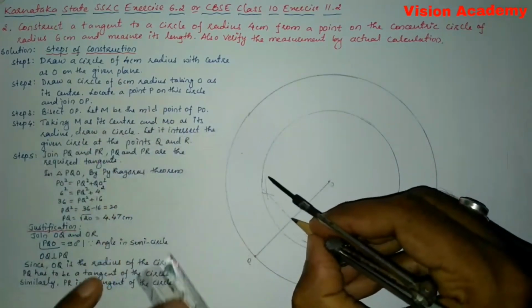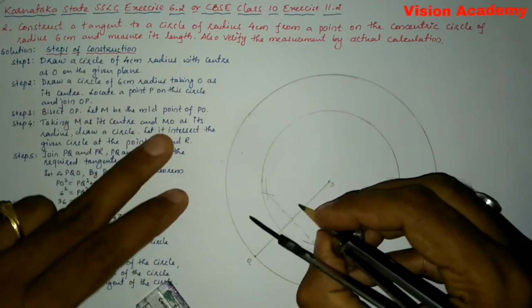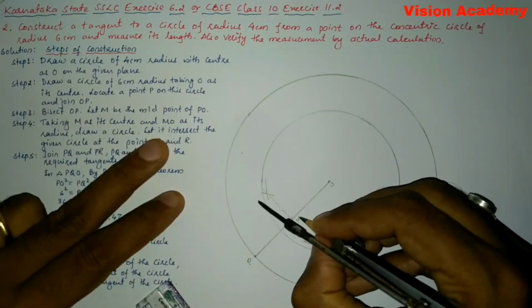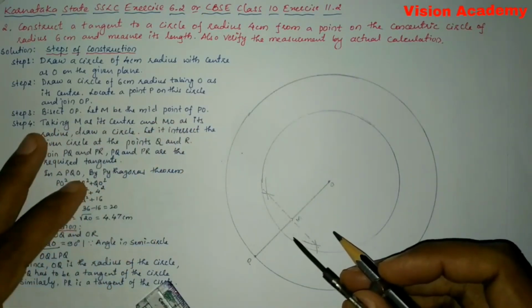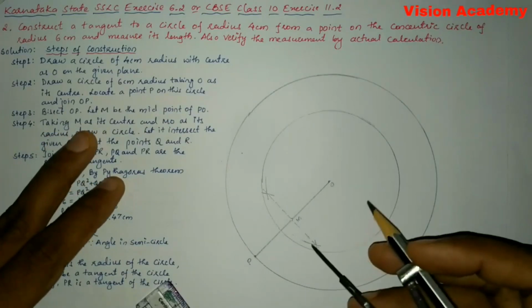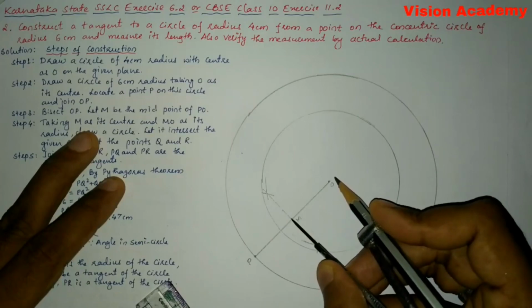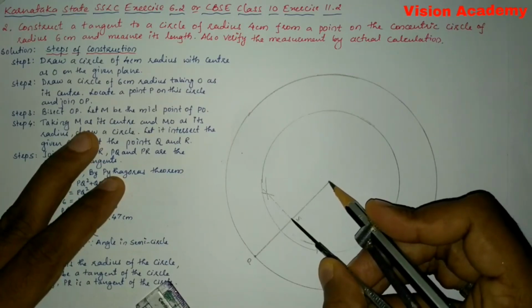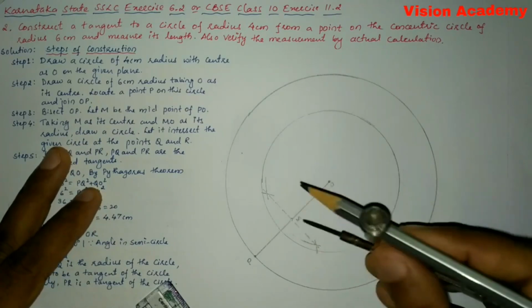Here, this particular intersected point, let us name this one as M. Here it is the midpoint of PO. Next, step 4, taking M as center and MO as radius, draw another circle.